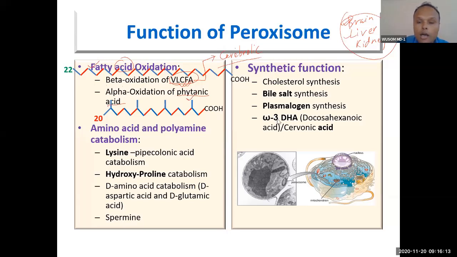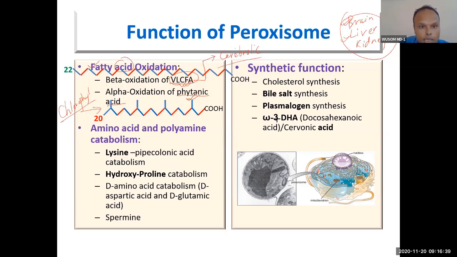The meat of herbivorous animals will have phytanic acid, and this phytanic acid will be metabolized in liver. That is why liver also requires a very high amount of this. So two acids: phytanic acid and very long chain fatty acid. Phytanic acid is a branched chain fatty acid. It is derived from chlorophyll, and that is why I told you herbivorous animal. It is derived from chlorophyll.